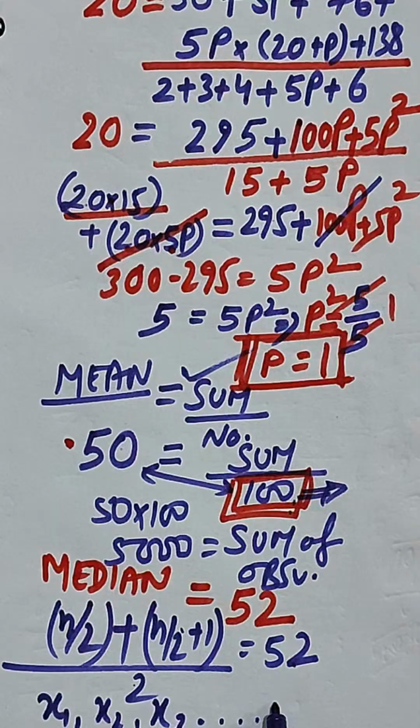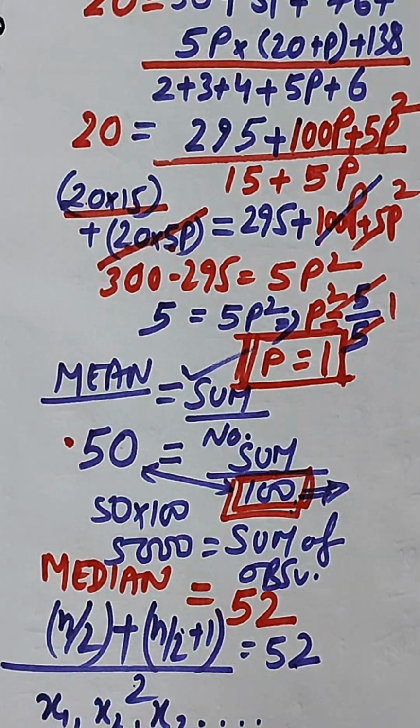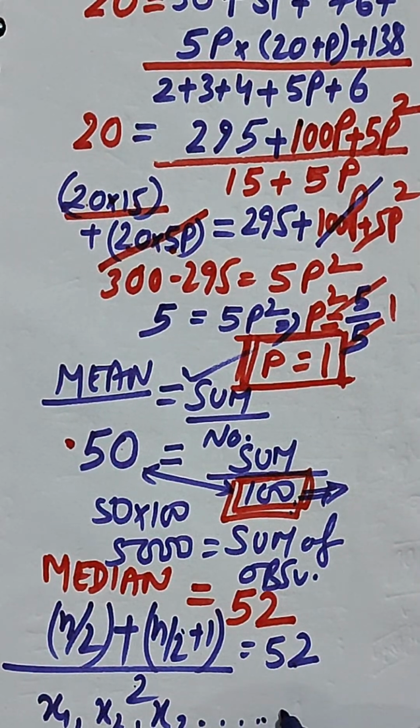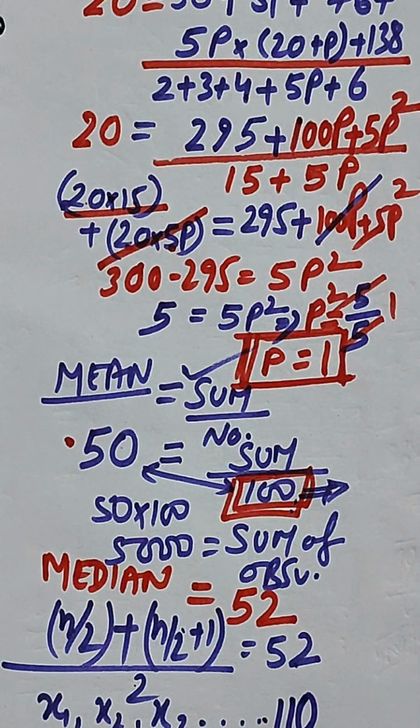The question is correct. Okay, then we can do one thing. Use the formula of mean directly. So here you are saying the largest observation is 110, right? Find the true mean and median.